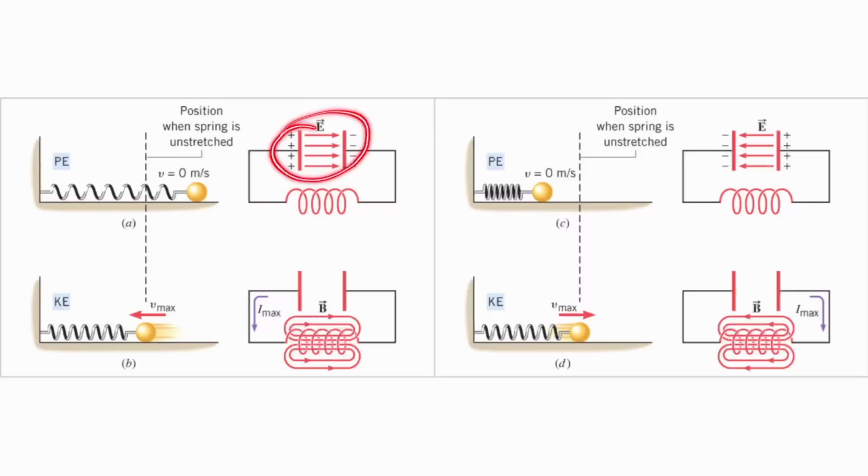The capacitor will send current out, right? These positive charges want to be with these negative charges, and so they'll start flowing through the circuit. So current happens. And as current happens, what happens when current flows through a solenoid or an inductor? Makes a magnetic field, doesn't it?